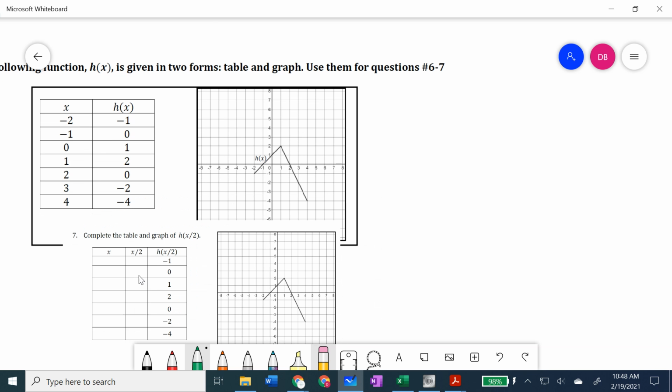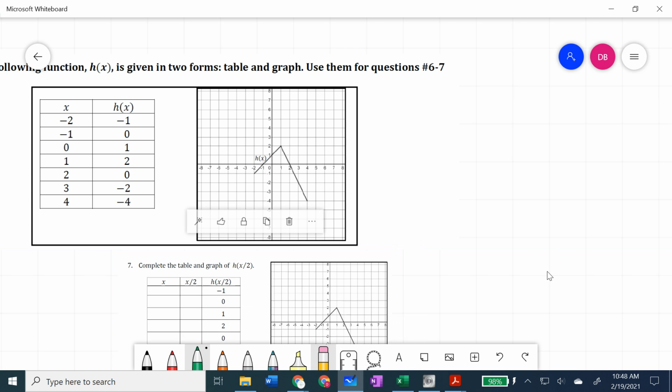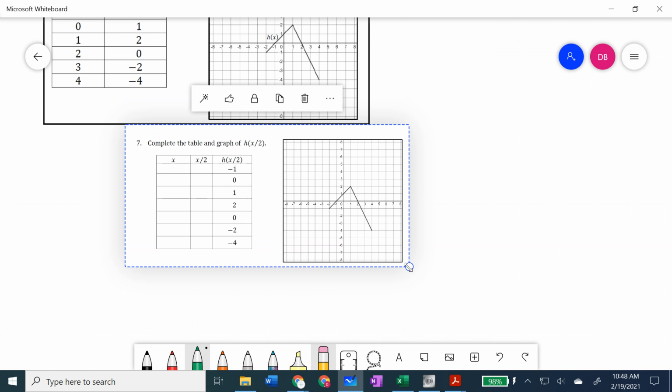Okay, and paste. Yes, it pasted what I wanted it to paste. Okay.